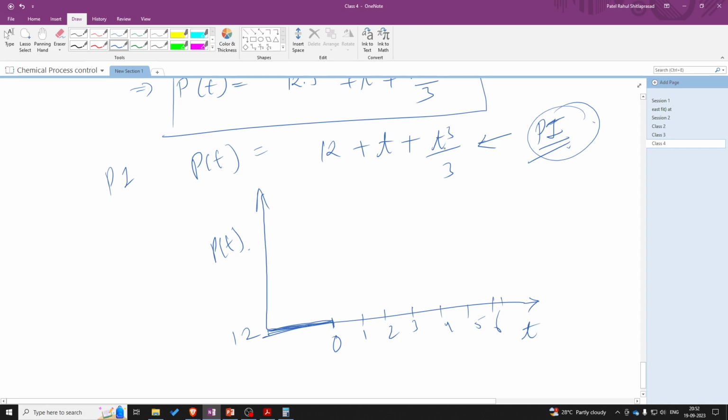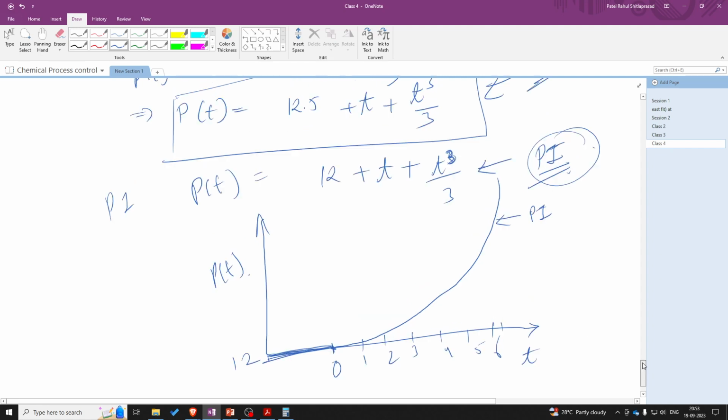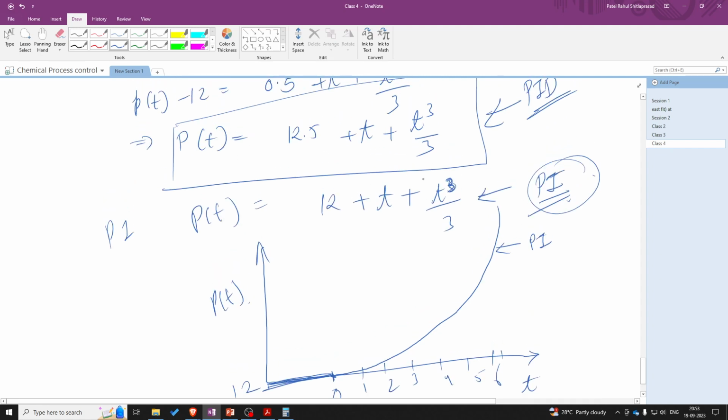And for P, let's just draw first this PI controller. For PI controller, at time t equal to 0, the value is 12 plus 0 is 12, and then it increases, if we put time t equal to 1, it will be 13.3, and then it will be increasing according to this third order term t cube. It will be having such a graph. Now this is corresponding to PI controller. Now for PID, we are having 12.5 plus t cube.